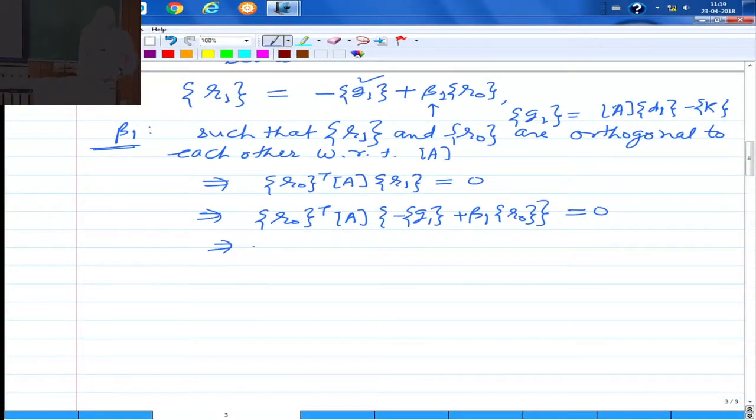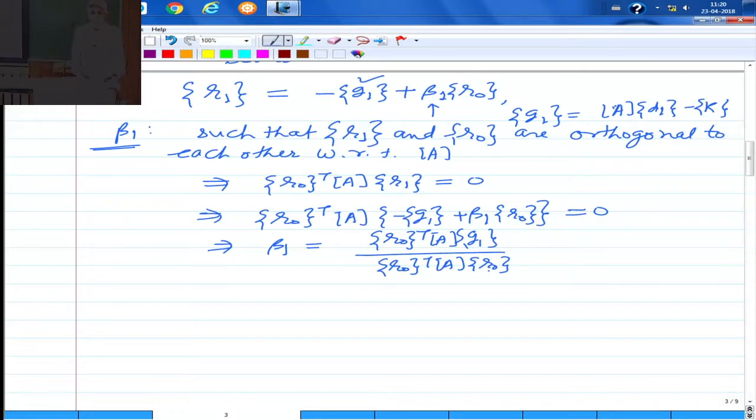Can you tell me what beta 1 would be quickly? The first term is R0 transpose A into minus G1. When you take this to the right hand side, beta 1 is going to be R0 transpose A G1 divided by R0 transpose A R0. So this is your beta 1. Once you calculate beta 1, then you have your R1 direction.